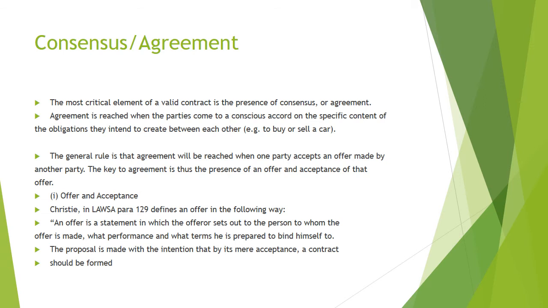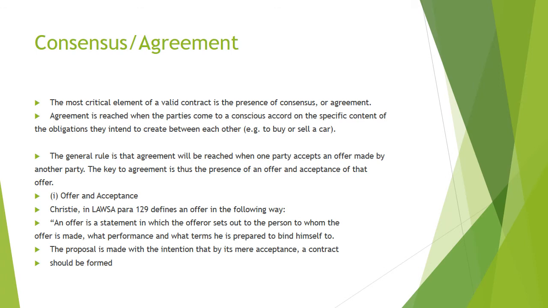Agreement is reached when the parties come to a conscious accord on the specific content of the obligations they intend to create within each other. The general rule is that the agreement will be reached when one party accepts an offer made by another party. The key to agreement is thus the presence of an offer and acceptance.